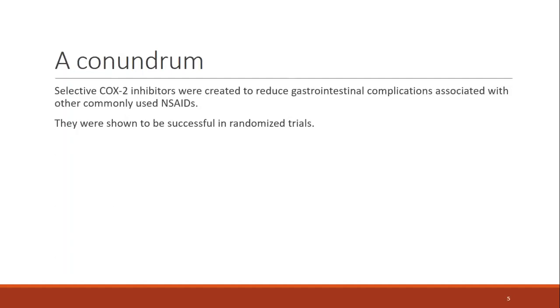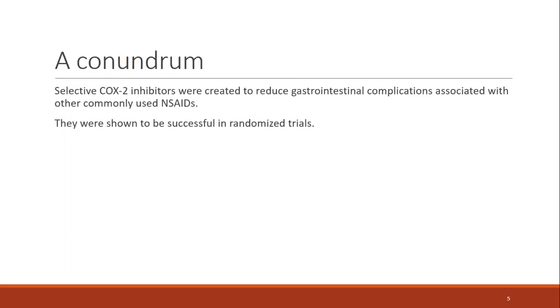And the thing about these Cox-2 inhibitors is they're meant to treat pain and inflammation, but one of the problems with regular NSAIDs like ibuprofen is gastrointestinal complications, particularly for people who are taking these drugs long term. And so Cox-2 inhibitors were meant to give you the pain and the inflammation reduction without the gastrointestinal side effects.